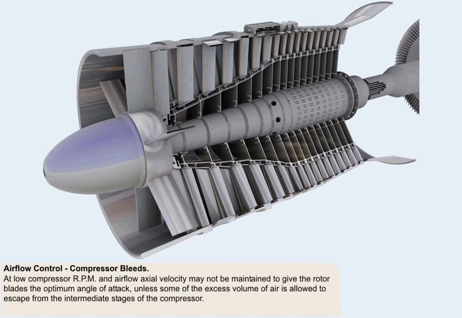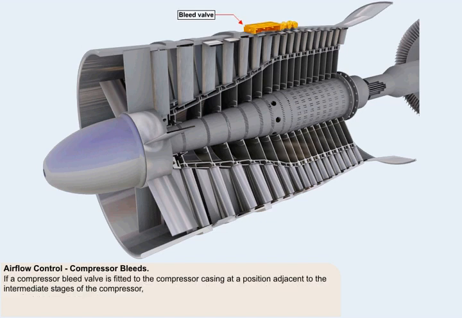In some engines at low compressor RPM, the relationship between RPM and airflow axial velocity may not be maintained to give the rotor blades the optimum angle of attack, unless some of the excess volume of air is allowed to escape from the intermediate stages of the compressor.